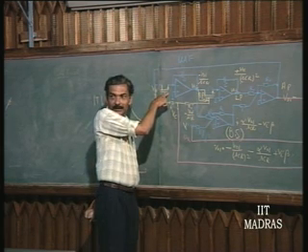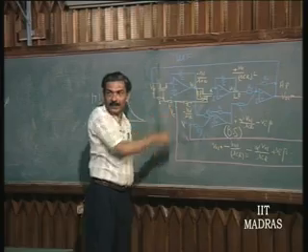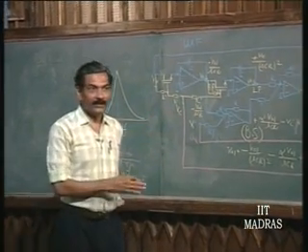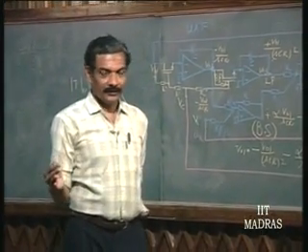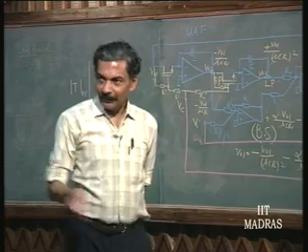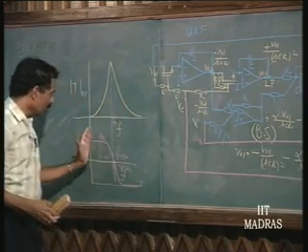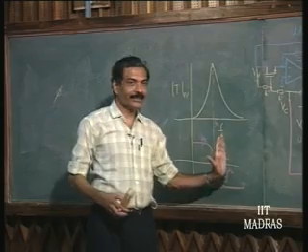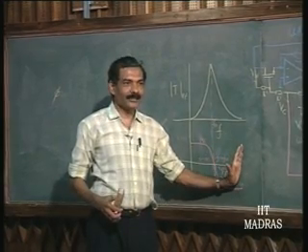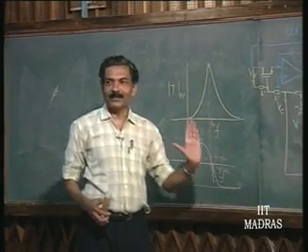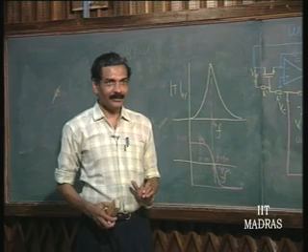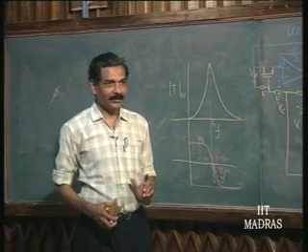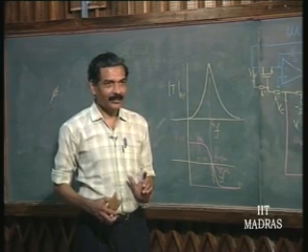This is n channel, so the resistance is going to decrease. If the resistance decreases, the frequency is going to increase, and we want this omega r, omega r remaining the same, omega naught is going to increase. So, this is positive feedback. Is this clear? This is positive feedback.